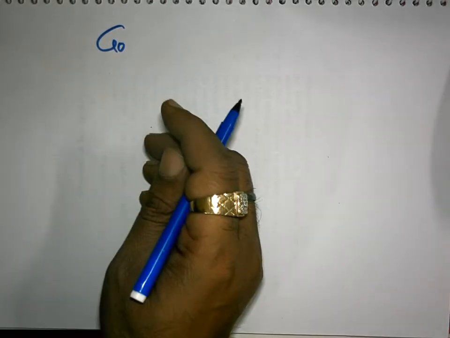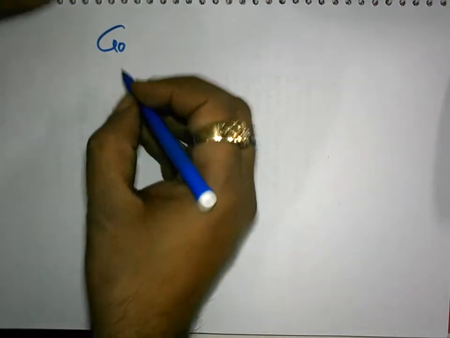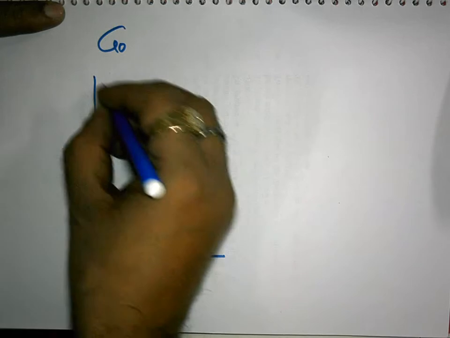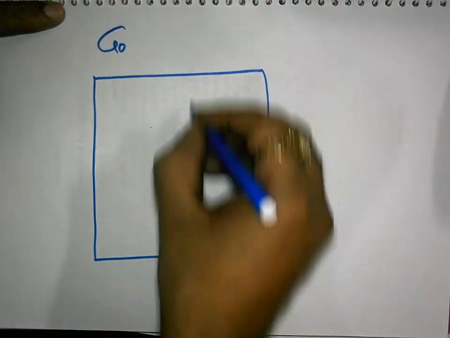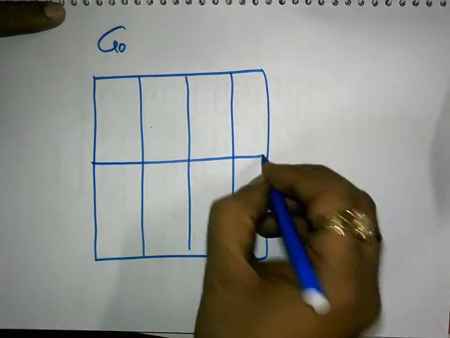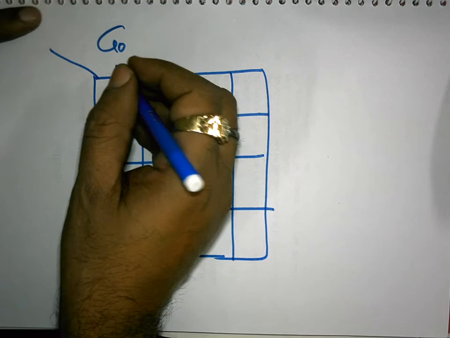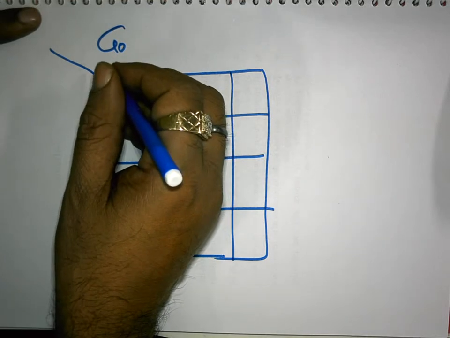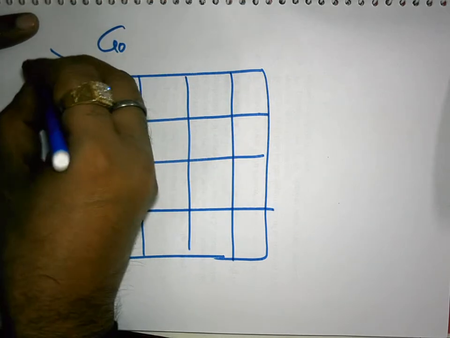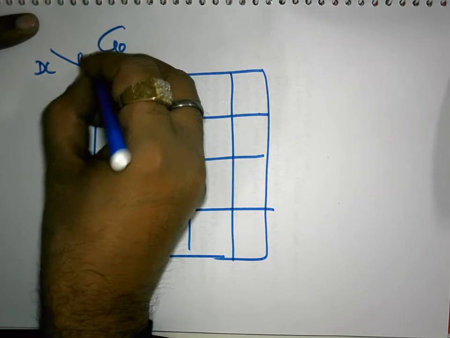If I make the map for expression G0, gray 0, it will come out something like this. DC is mapped this way and BA is mapped this way.